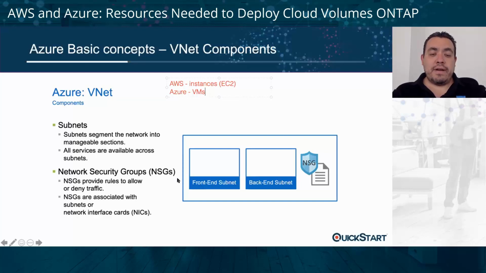And then with another NSG, we can allow or we can deny traffic to the NIC of a VM. Okay, so instead of using two different concepts like on AWS, like network ACLs and security groups, they have only one concept here to secure access to both, and it's called network security groups.